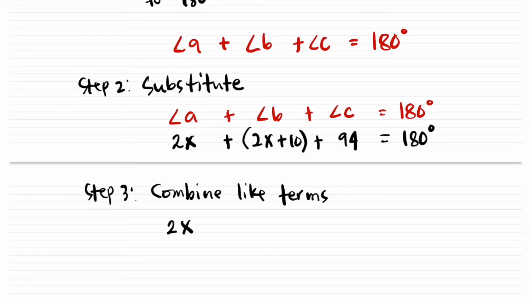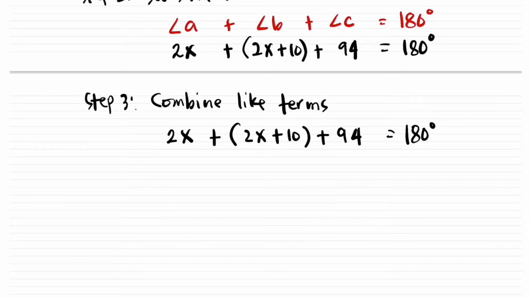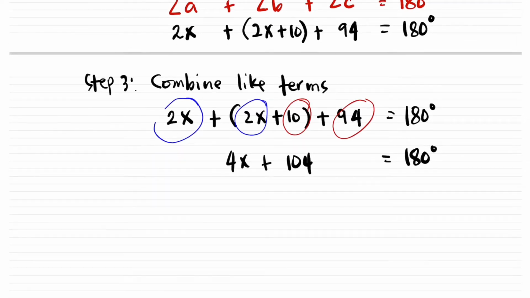We combine the 2x and 2x, and then 10 and 94. So we have 4x plus 104 is equal to 180 degrees. Now we already have combined like terms.